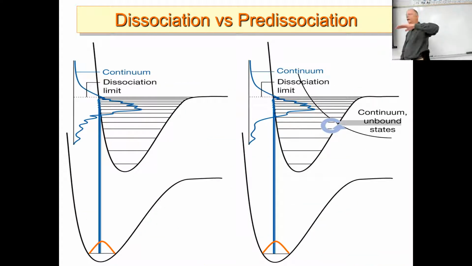Here we've kind of plotted that spectrum on the side. So this would be the ground vibrational state and the ground electronic state. And it's hitting all of these vibrational energy levels in the excited electronic state.